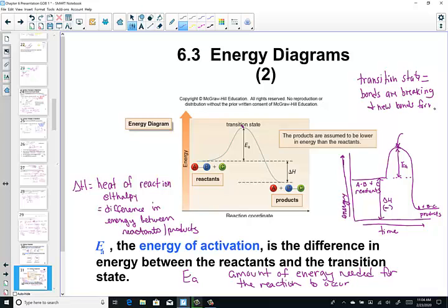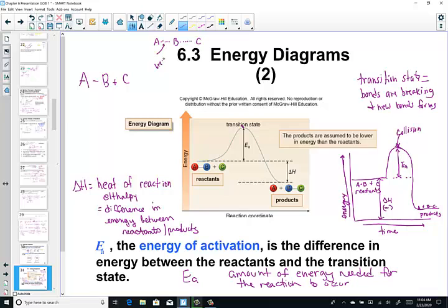At the top of the energy barrier, this is the site of the collision, if you will. So blowing that up, you have compound AB, and you have element C. Those are what we call the reactants. At the top of the energy barrier, you would have a bond breaking between A and B, and a new bond forming between B and C. Let's label those.